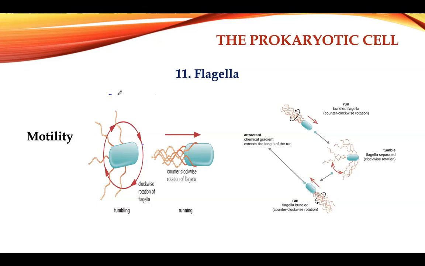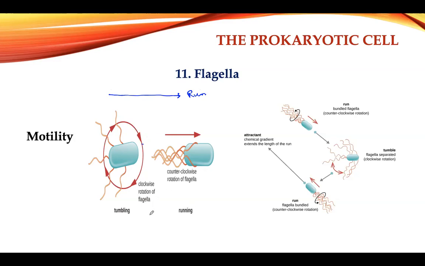When they move following a straight line, then it's called run. Okay. Or they can just make a circle like this. To change the direction, they actually make a circle. Okay, and this movement is called tumbling.